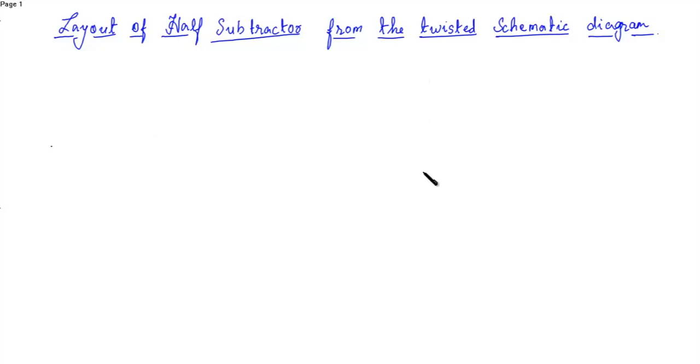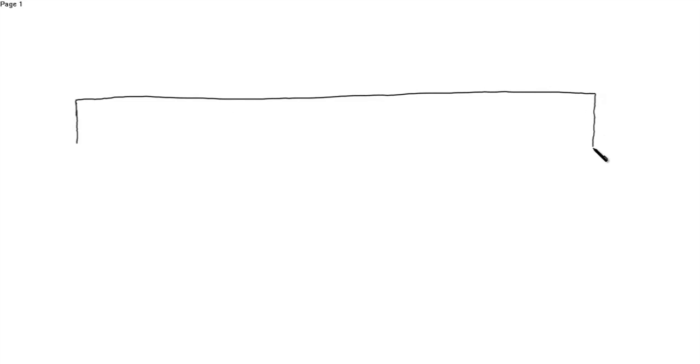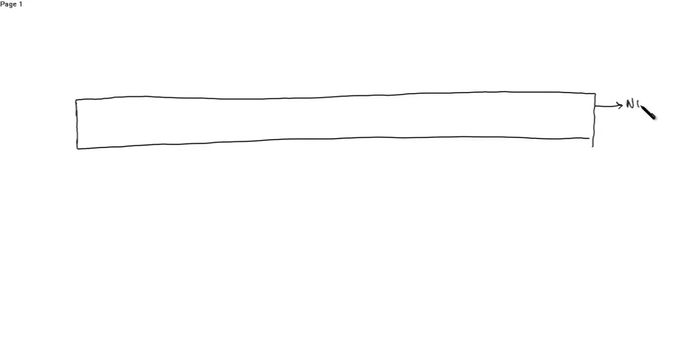So I think this much space is not sufficient, so since there are 6 PMOS, we'll take a larger area. This is the n-well. Now we need the P diffusion layer.